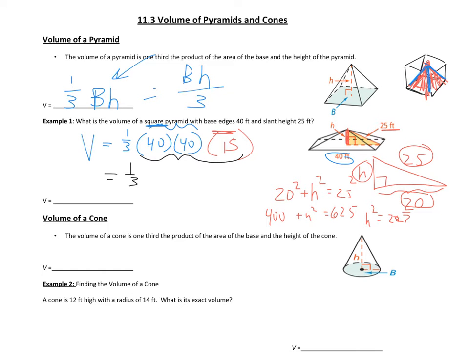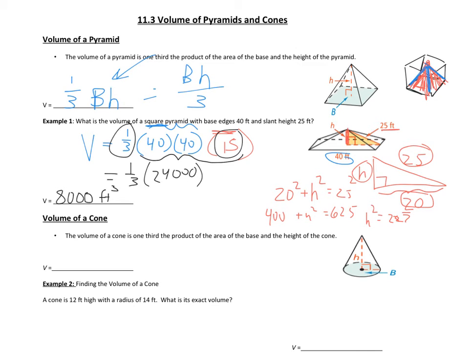When you do that for this problem, 40 times 40 times 15 is 24,000. Divided by 3, you get 8,000 cubic feet. A lot of times, if you have something that's divisible by 3, you can notice that at the beginning and work that out.